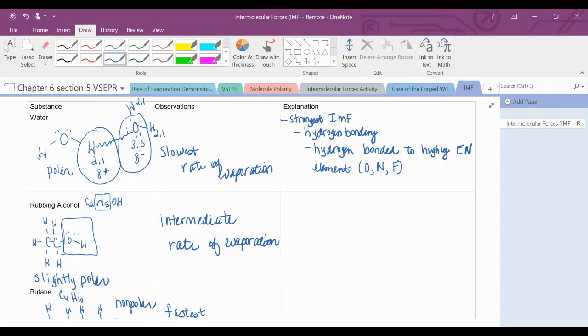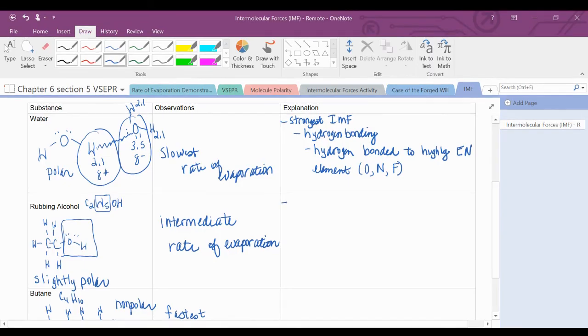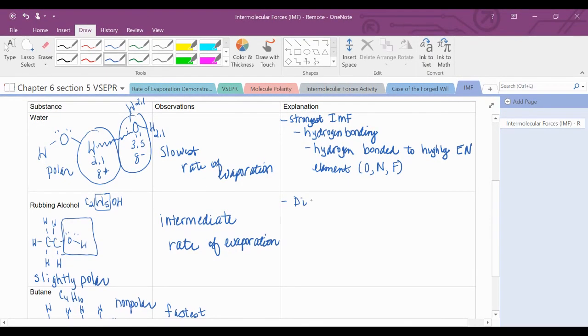All right, then let's talk about rubbing alcohol. So rubbing alcohol, you could say, has the second strongest intermolecular force. And the intermolecular force here is called dipole-dipole. And really the requirement here is that your molecule has to be polar.